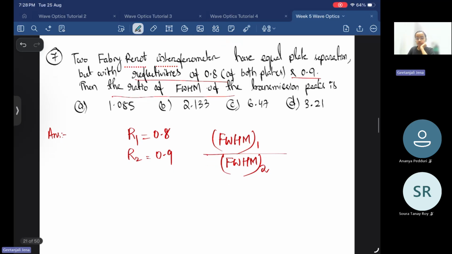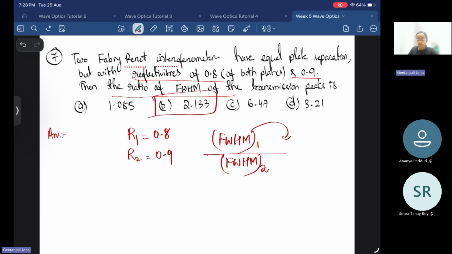Recall the expression for full width at half maximum. Option B. Yes, it's correct.